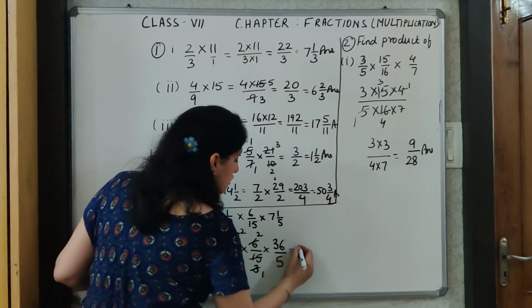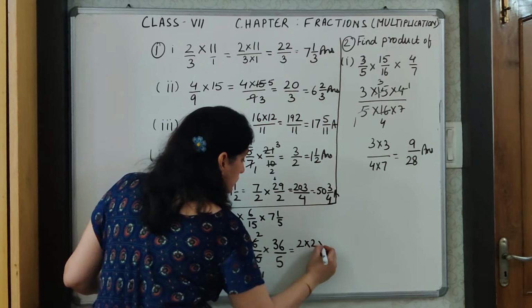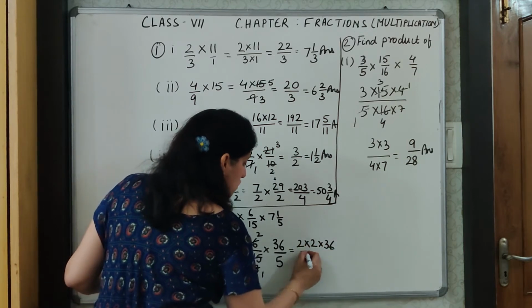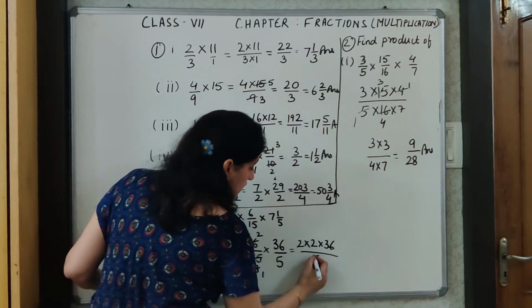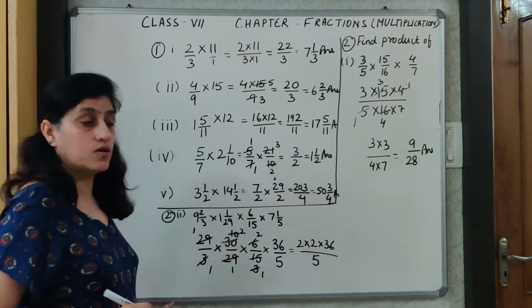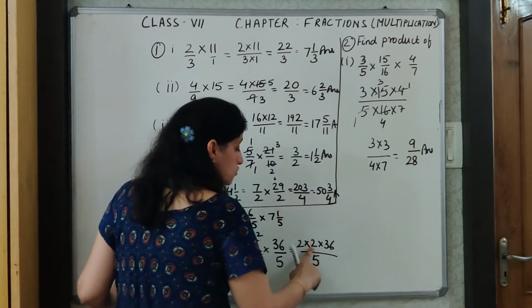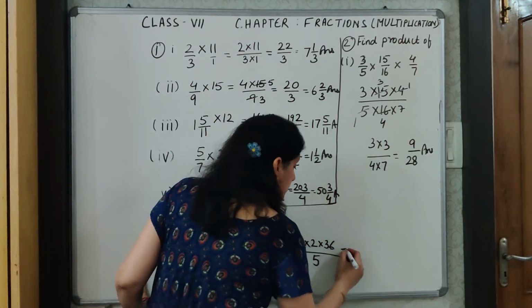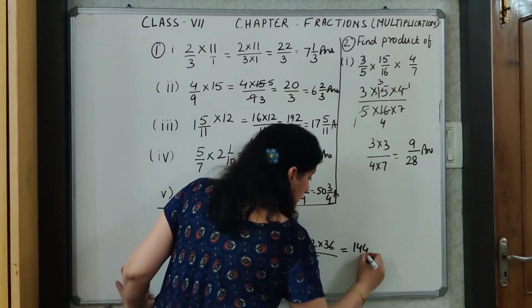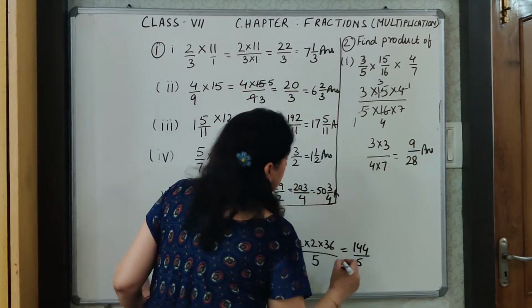So I am left with 2 into 2 into 36 whole upon, this is 1, this is 1, this is 1. So only 5. Alright. 36 into 2 is 72 and 72 into 2 is 144. So I get 144 upon 5.